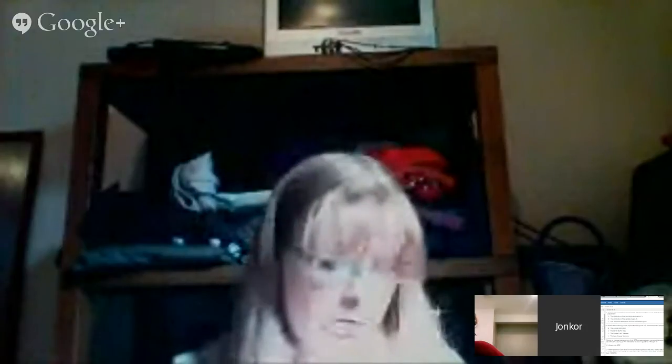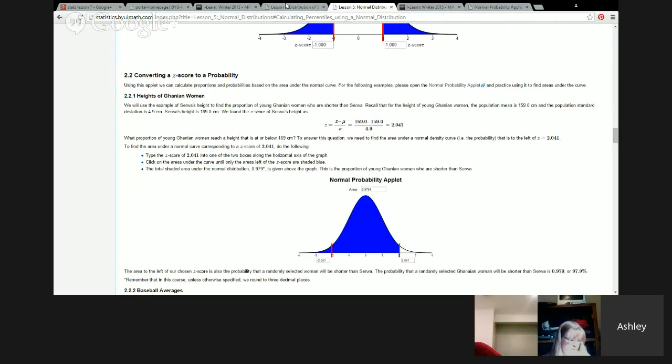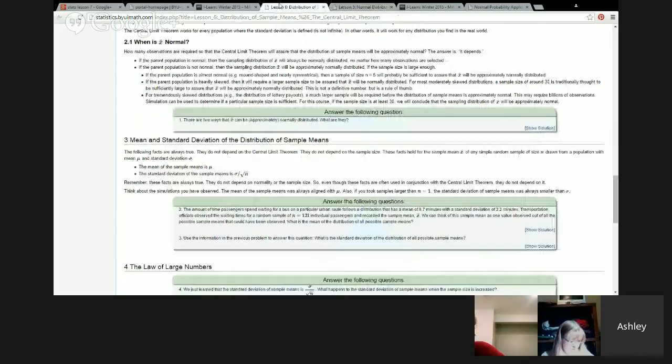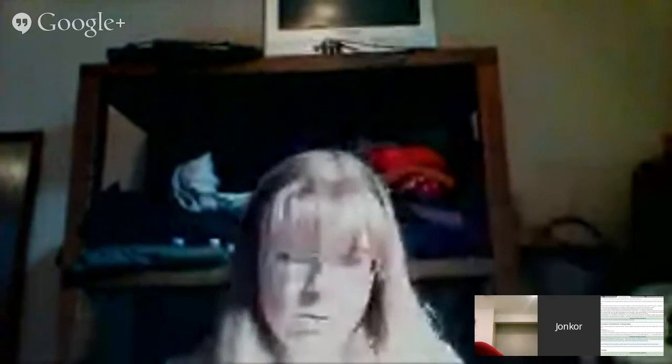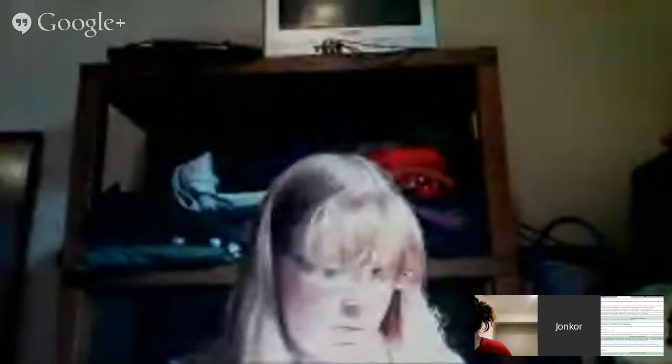Are you sure that it's not the central limit theorem? Let me look and see if there's anything about that. Did you find any explanation under that? I was confused about those two laws, so I looked on the internet and found two definitions.